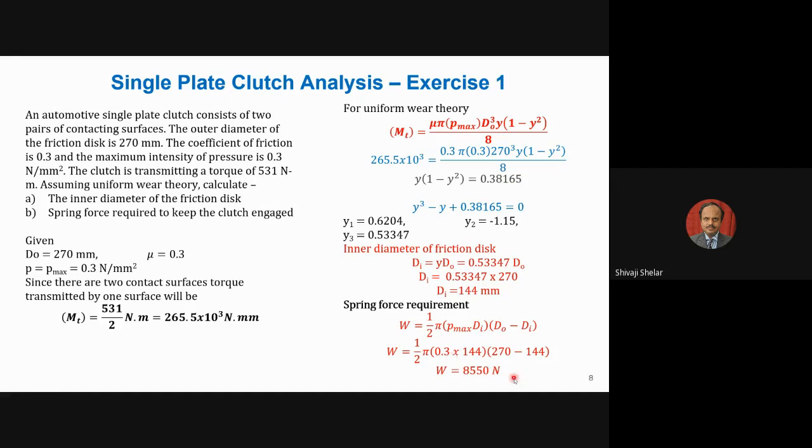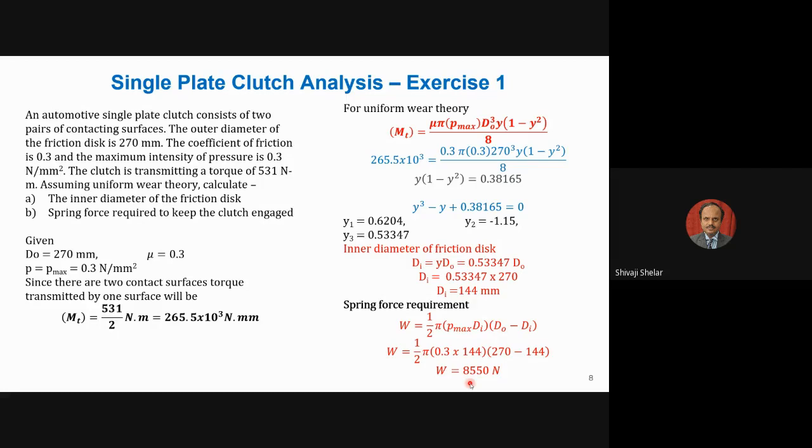If I have a 1:20 mechanical advantage, then I have to apply 8550 upon 20 force by the pedal, and that may be possible. I can apply a 40 kgf load, that is around 400 Newton. When I press by foot, I can apply in the range of 25 to 50 kgf load. If I press by hand, I can apply a force between 10 to 30 kgf.